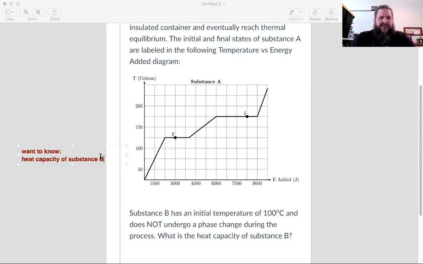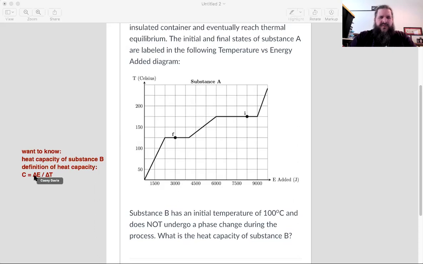Like, once again, what's the definition of heat capacity? Yeah, energy over temperature, or more specifically, change in energy over change in temperature.